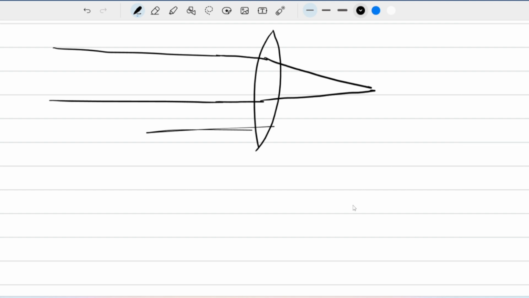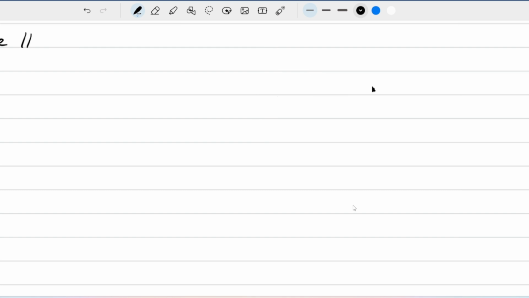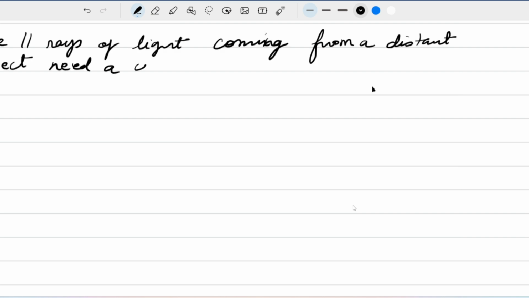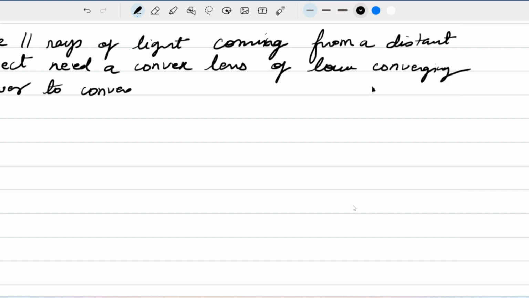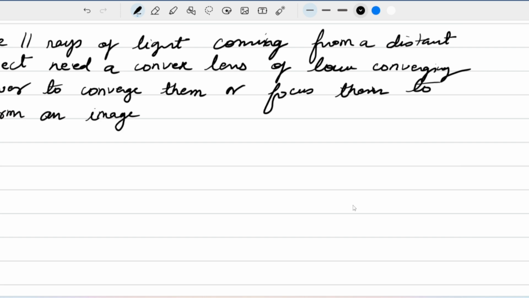I will not need very high converging power. Okay, so write down: the parallel rays of light coming from a distant object need a convex lens of low converging power to converge them or focus them to form an image on the retina of the eye.